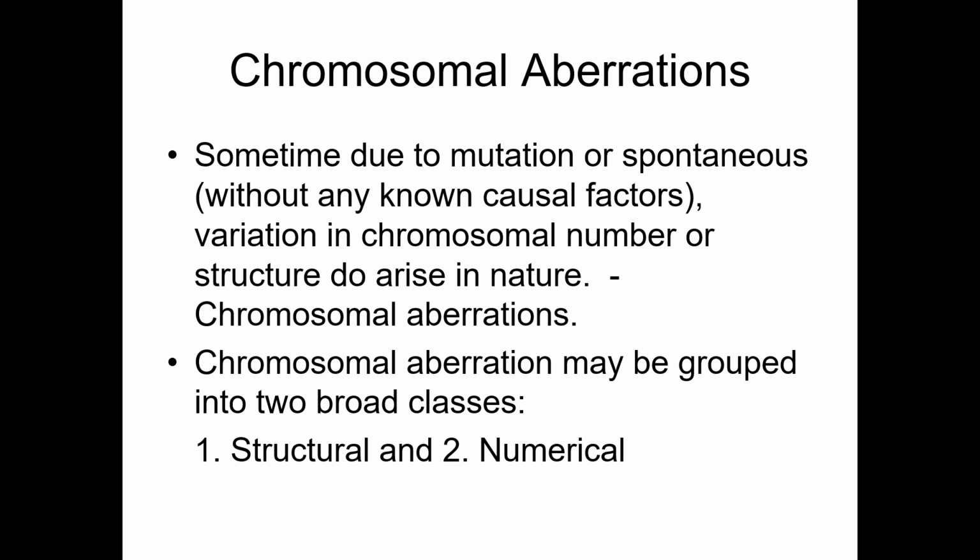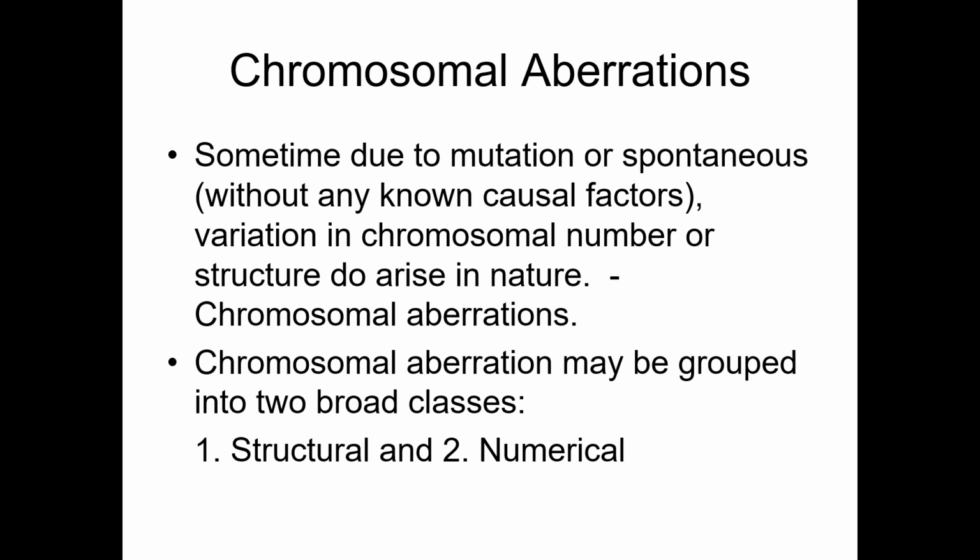But sometimes variation in either the chromosome number or the structure does arise in nature, and this variation we call chromosomal aberrations. These chromosomal aberrations may be grouped under two broad classes. One is structural aberration and the other is numerical variation.